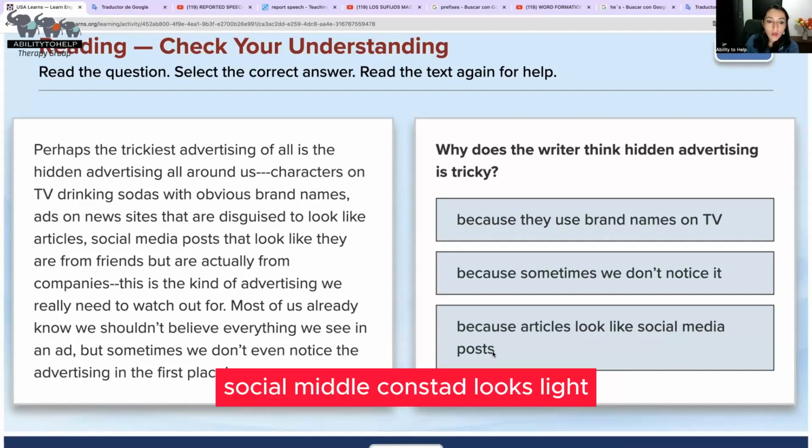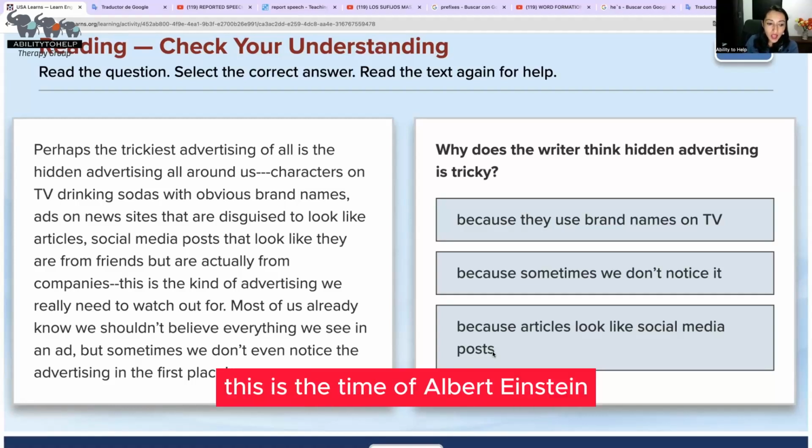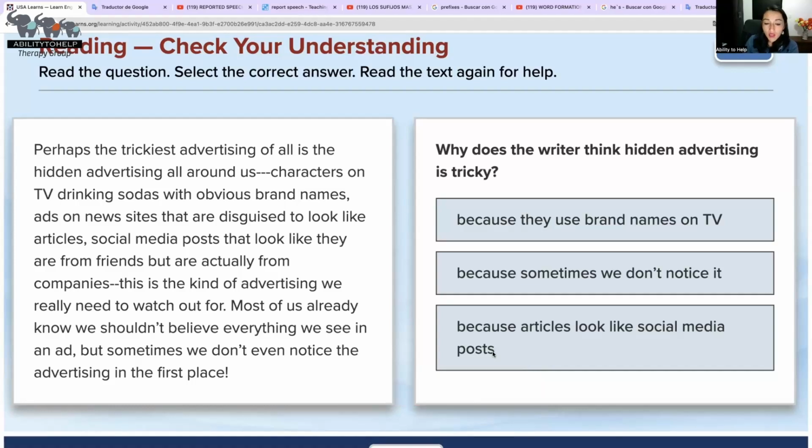Social media posts that look like they are from friends but are actually from companies. This is the kind of advertising we really need to watch out for. Most of us already know we shouldn't believe everything we see in ads, but sometimes we don't even notice the advertising in the first place.